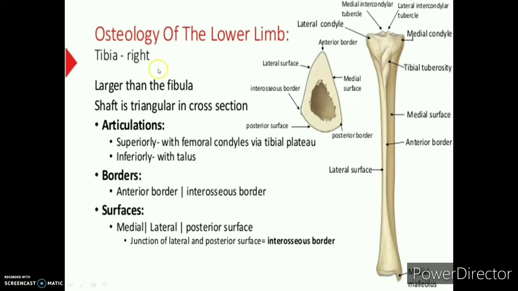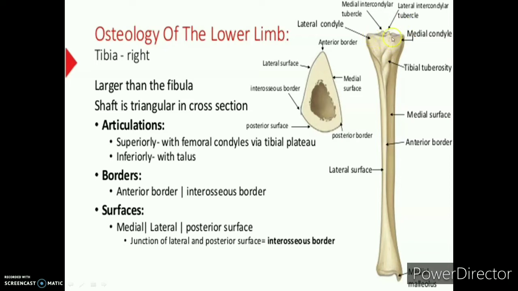This is the osteology of the tibia. The tibia is the stronger and medial bone of the leg. Its upper end is expanded into the medial and lateral condyles. Here you can see the upper end, with the medial condyle and the lateral condyle.